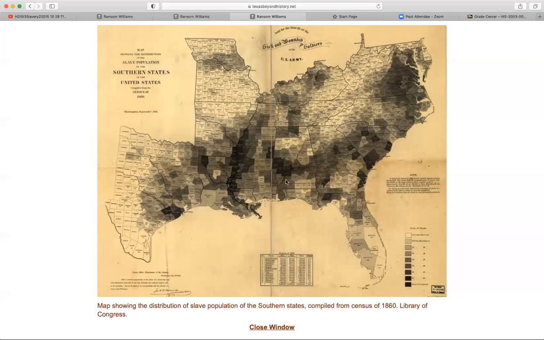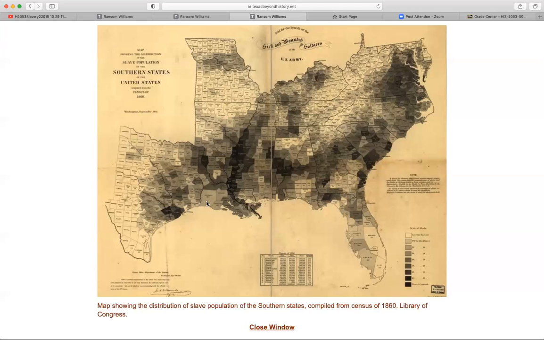This is the intense cotton growing area. Not that there wasn't cotton growing here, but the further north you went, the less the land was good for cotton. So in Virginia, really the profits from slavery didn't come from growing cotton, it came from selling slaves to states that did grow cotton.